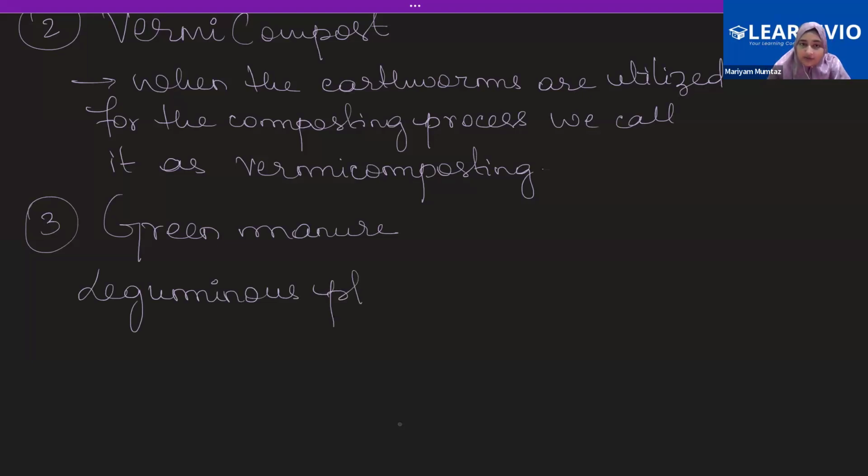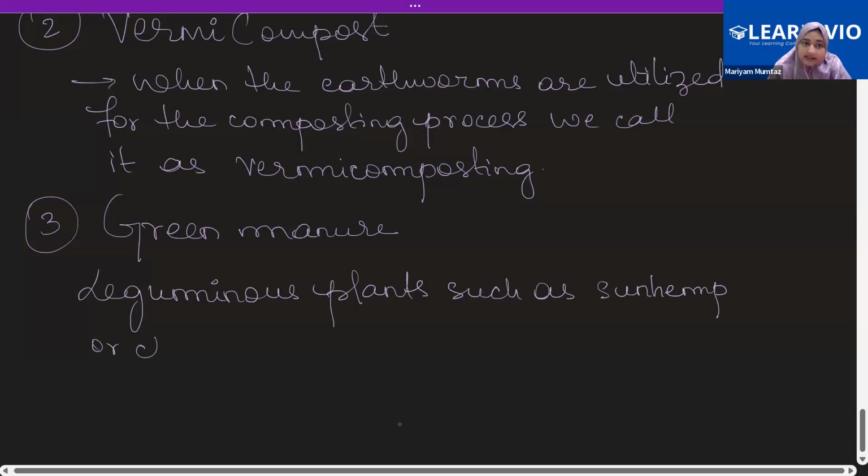Legume plants such as, what are the examples? Sun hemp. Sun hemp is one plant. Then, or cluster beans. These are leguminous plants that are basically grown.